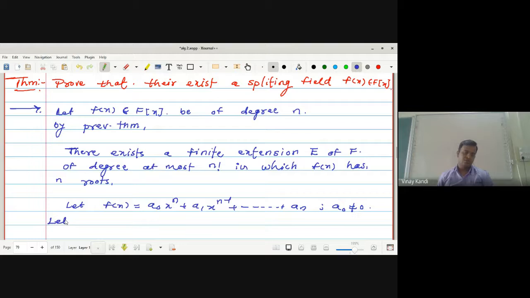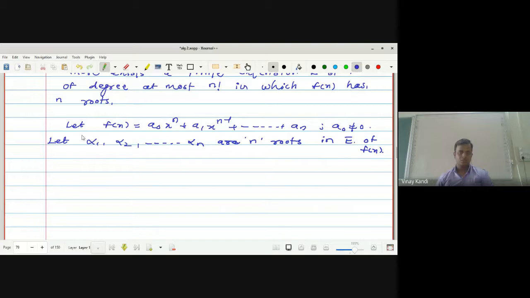And let alpha 1, alpha 2, up to alpha n be the n roots in that field E of f of x. Let f of x be the polynomial of degree n, and alpha 1, alpha 2 up to alpha n the n roots in E of that polynomial f of x.